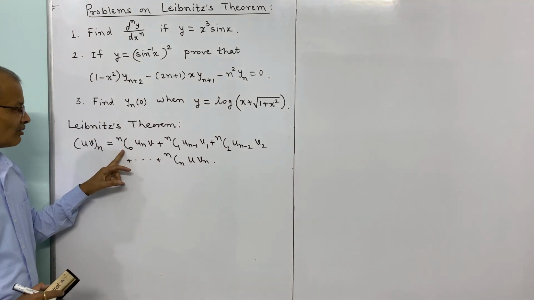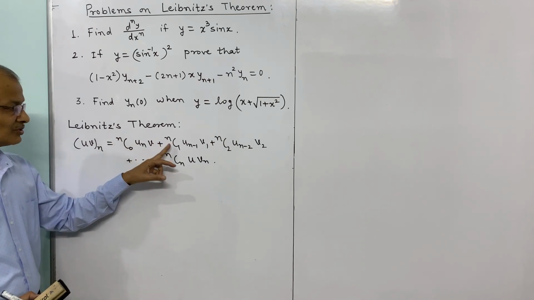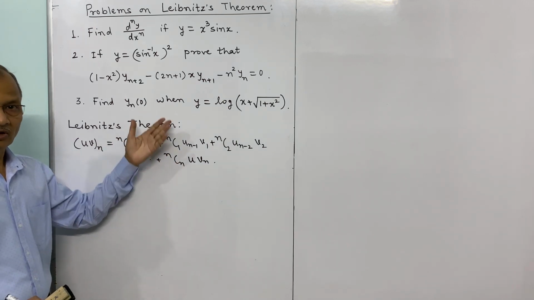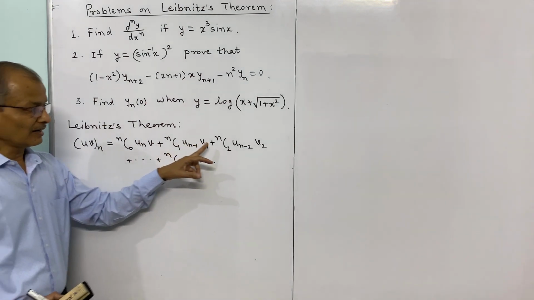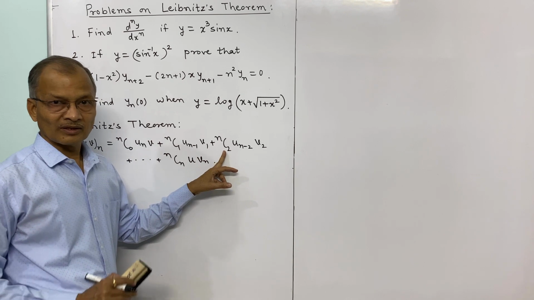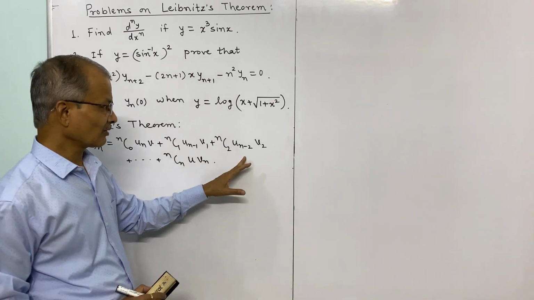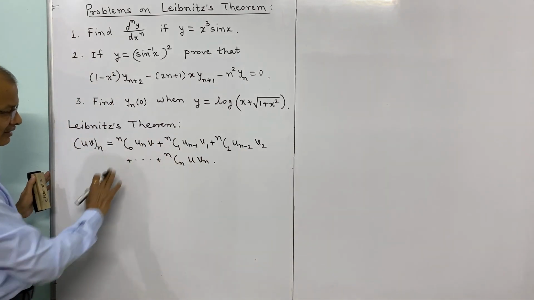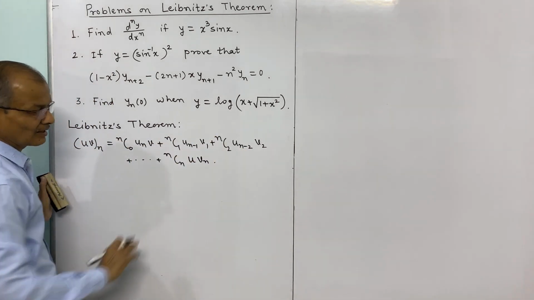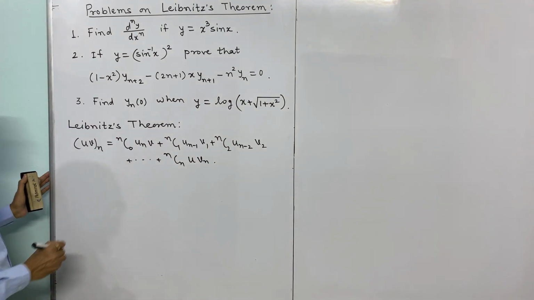And these are the binomial coefficients. We know n choose 0 is 1, n choose 1 is n by the formula of binomial coefficient that we have written last time, and n choose 2 is n into n minus 1 divided by 2 factorial, and so on. So these are the coefficients, and these are the terms, how the terms are changing, that we have to note while applying Leibniz theorem.